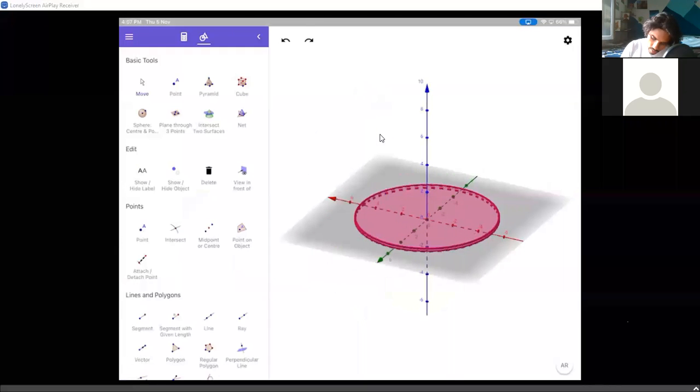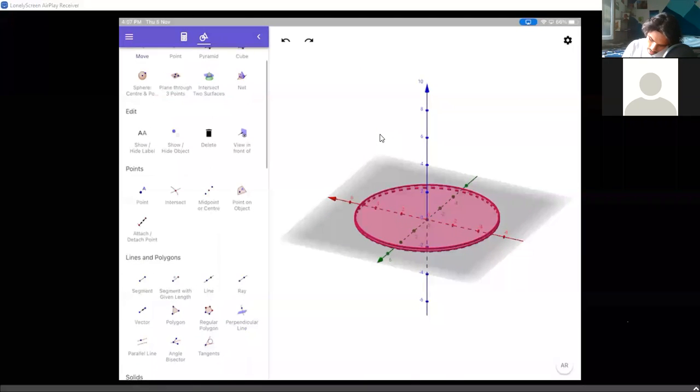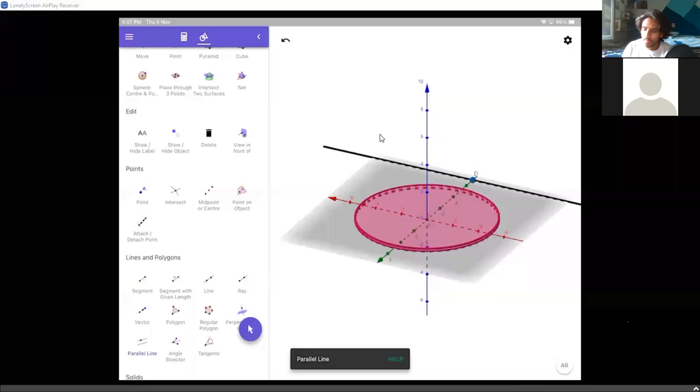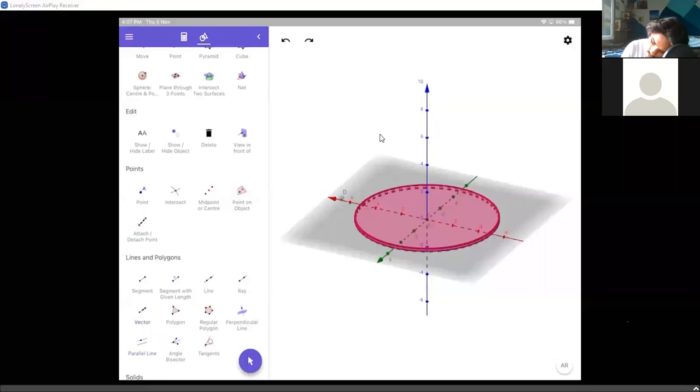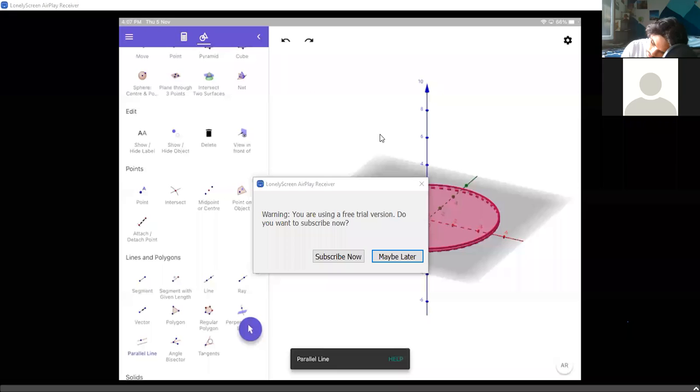I want the moment of inertia about this axis. Let me show it to you. That's way too far. Let me put it properly. No, no, no. A parallel line.